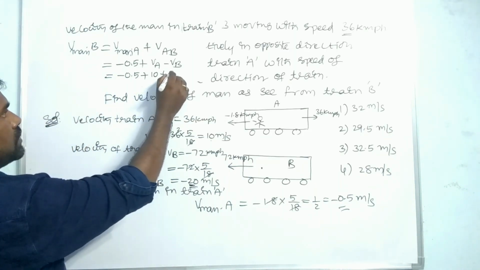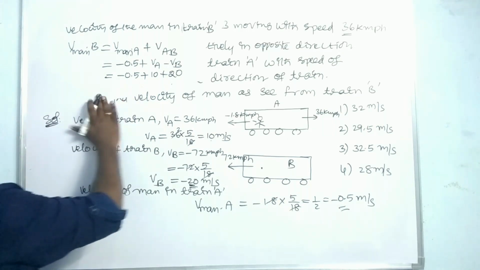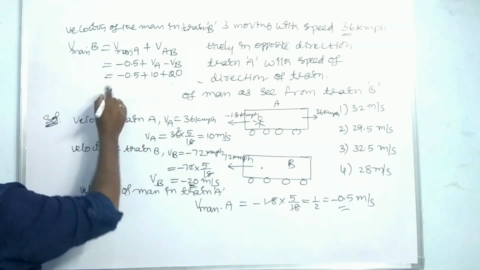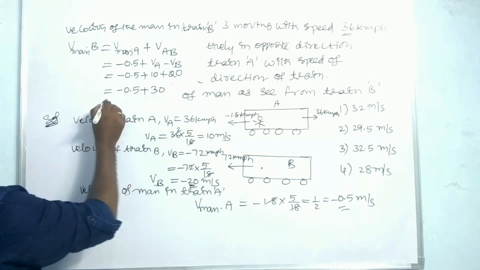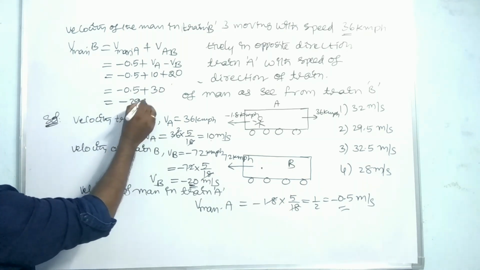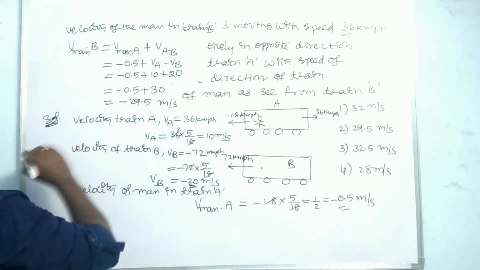Minus into minus is plus, so it is 20. So it is equal to minus 0.5 minus 30, which is equal to minus 29.5 meter per second.